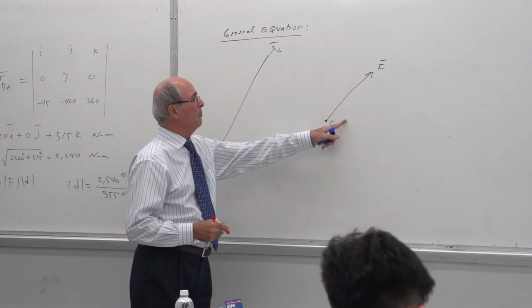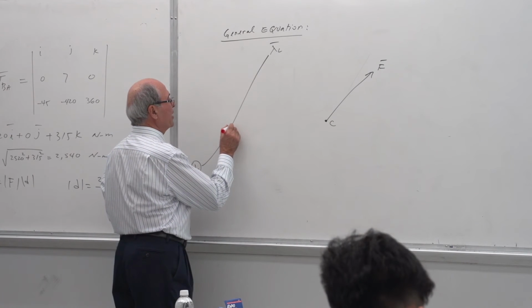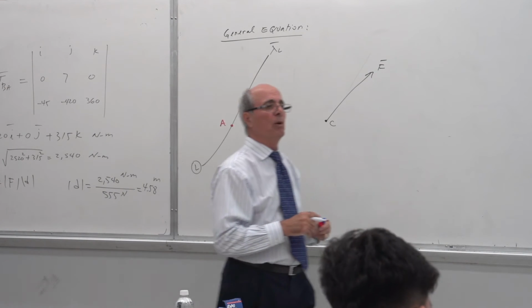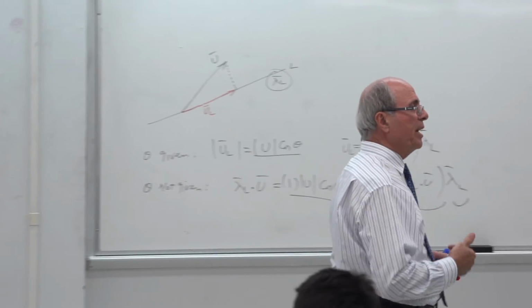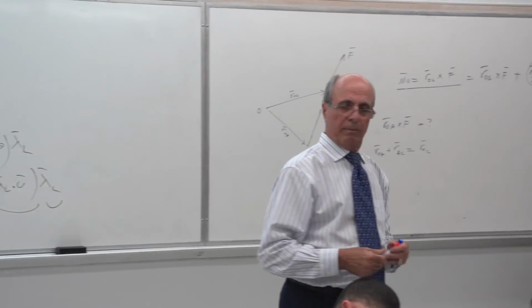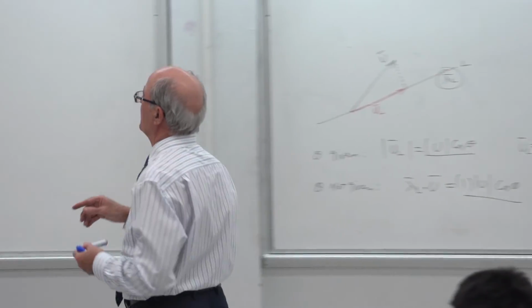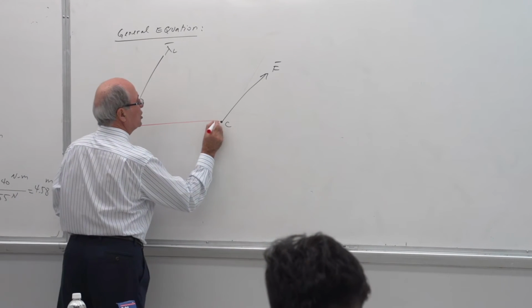The moment of F about this line is the following. First, I pick an arbitrary point, any point. I put A there. A means any point on the line. Can I take the moment of F about point A? Everybody can do that. I already explained that several times. To find the moment of F about point A, we are going to use this cross product.